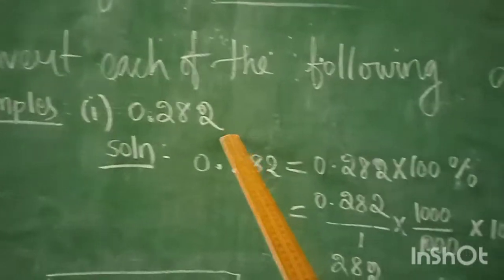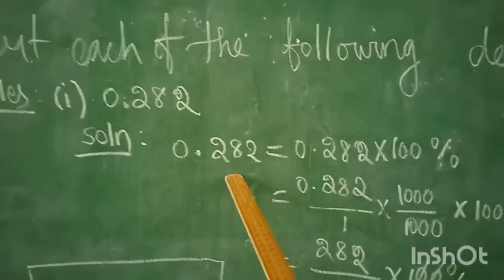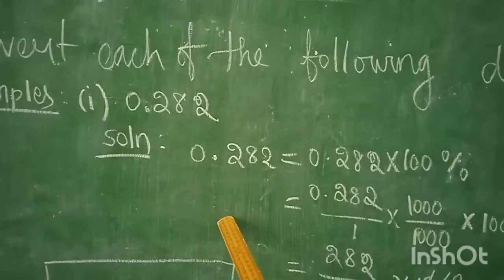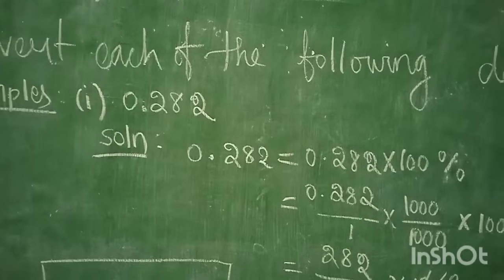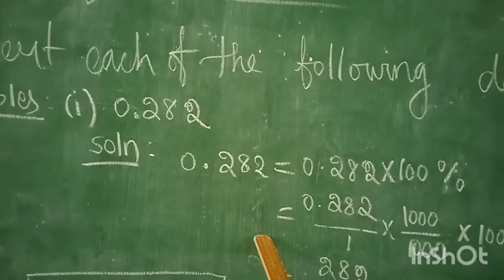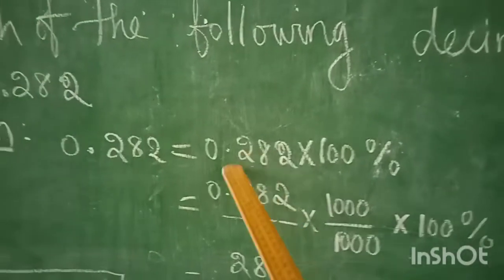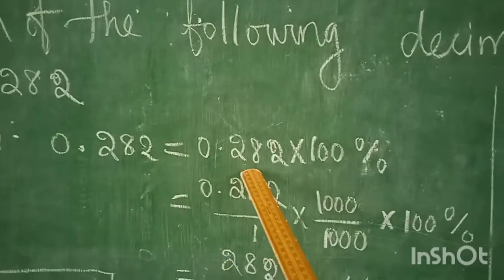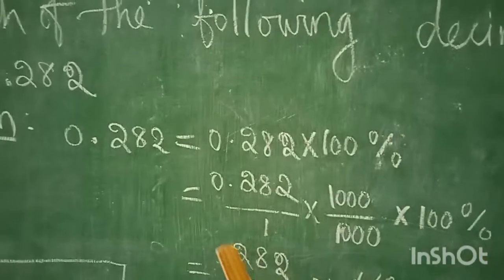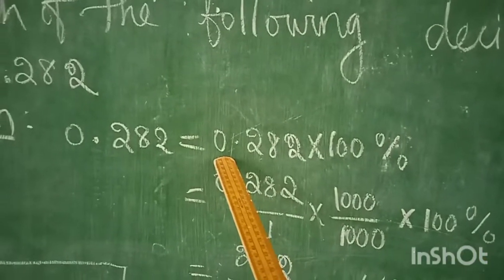0.282. So we already know if we want to change any number to percentage, for that you have to multiply with 100%, right? So you are going to do that only, 0.282 into 100%. Then here the decimal point is there.